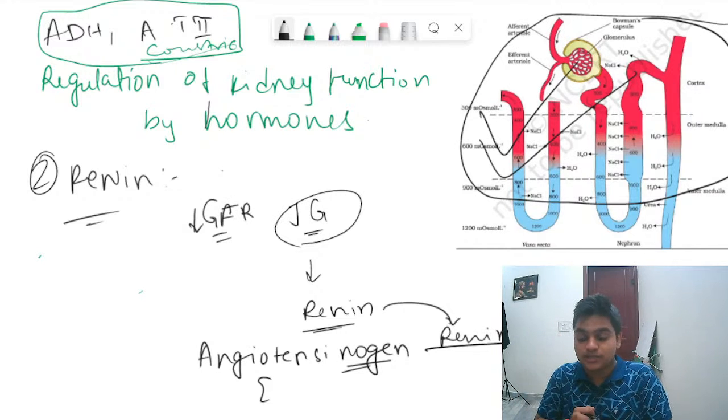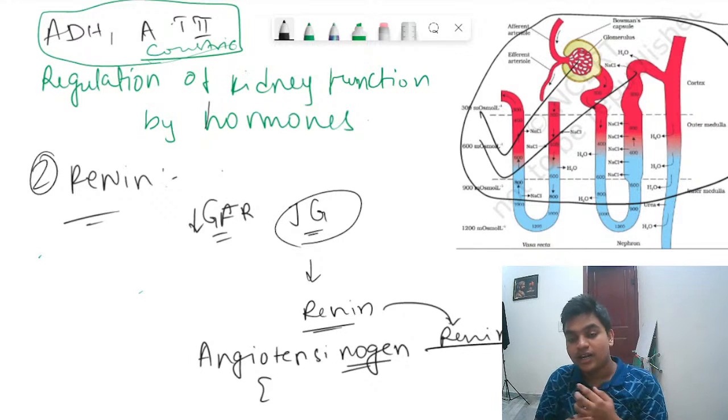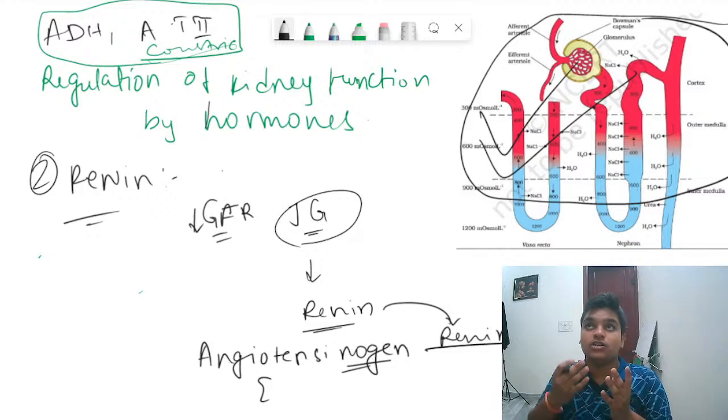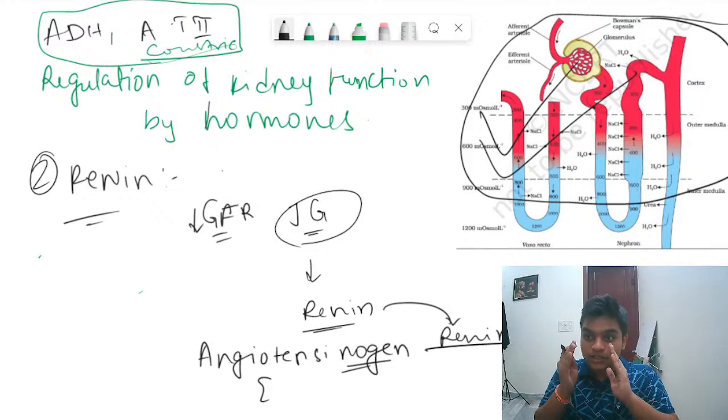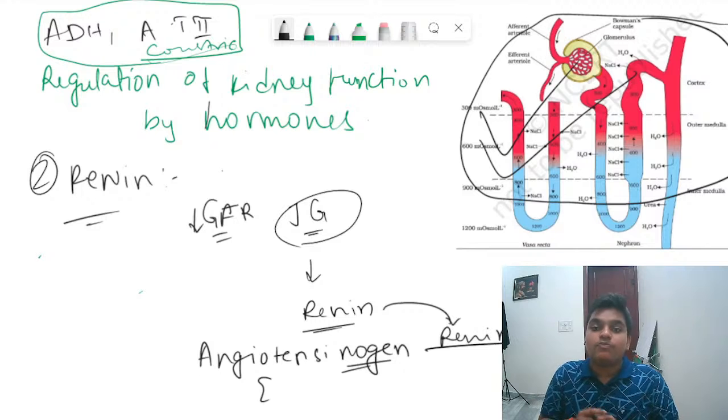The second mechanism is that it stimulates the adrenal cortex to secrete aldosterone, and this aldosterone reabsorbs Na plus into the blood, and due to more concentration of salt in the blood, the blood vessels contract, and therefore GFR again increases.